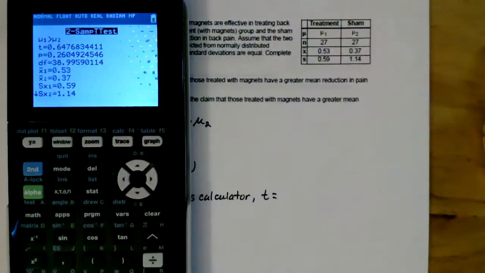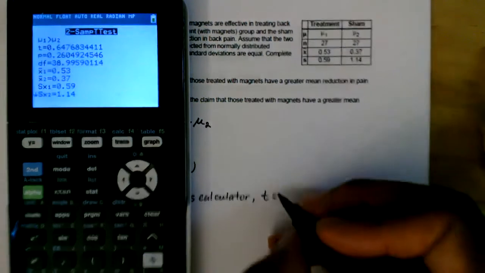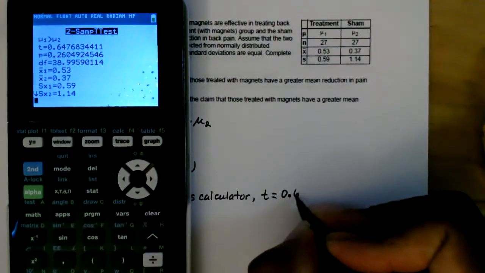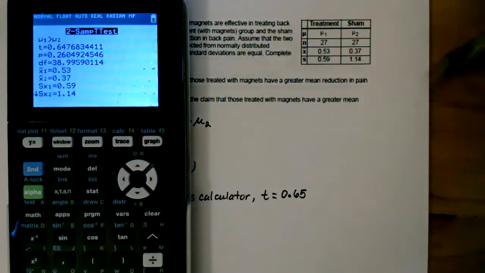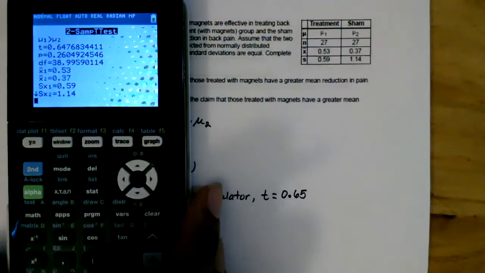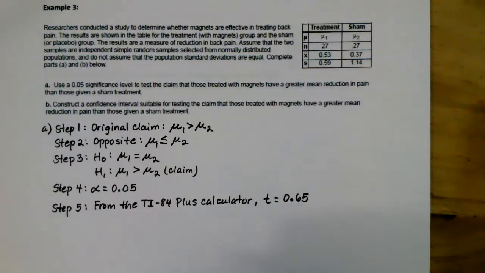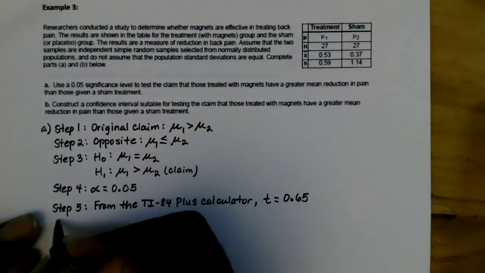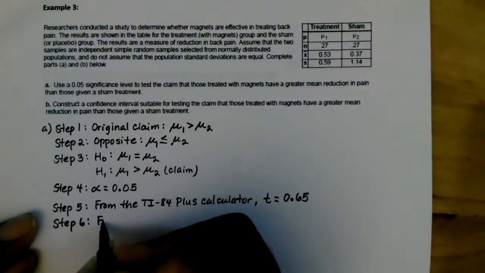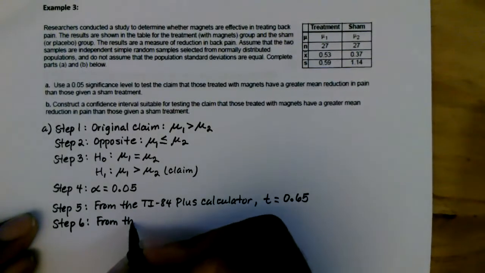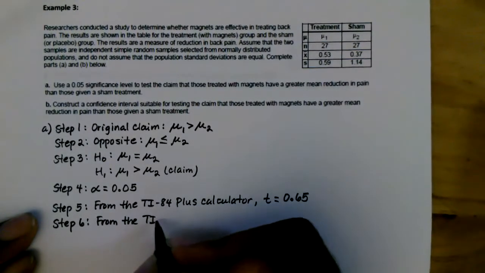So this is your t-test statistic, as you can see. It's going to be 0.65. All right, and now step number 6 is our p-value coming from the TI-84 Plus calculator as well.